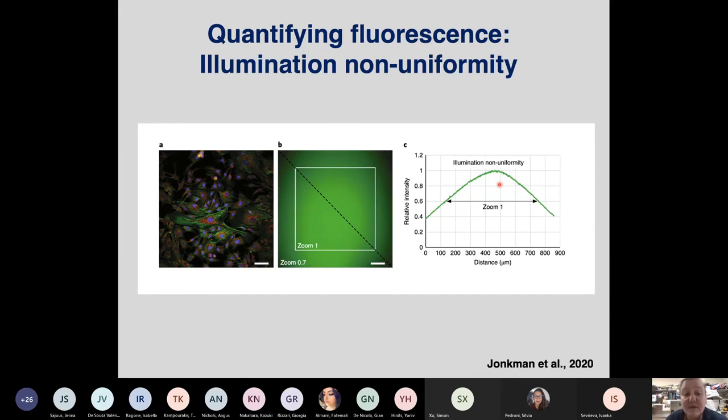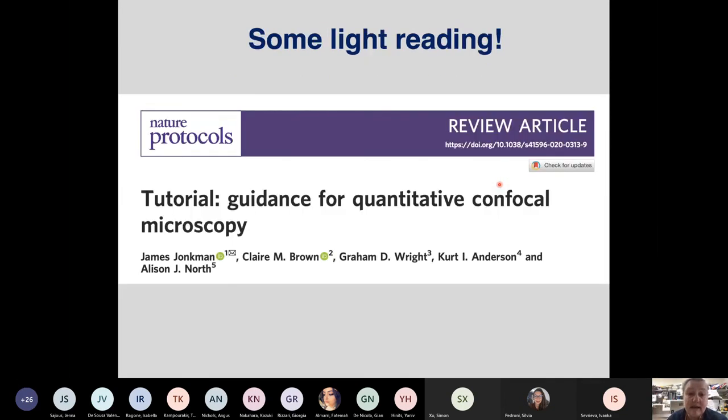But, you know, let's be optimistic and let's assume you have done all the controls. You have made sure that your quantification is as good as possible and that your raw data is close to perfection. And follow the instructions that are in this tutorial.